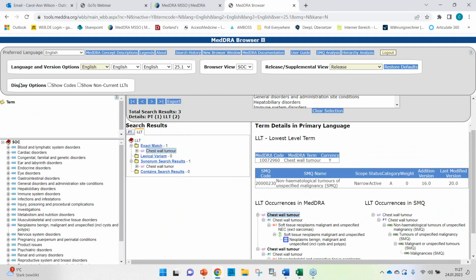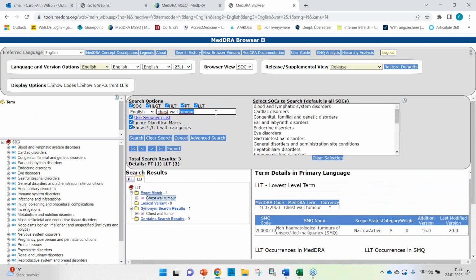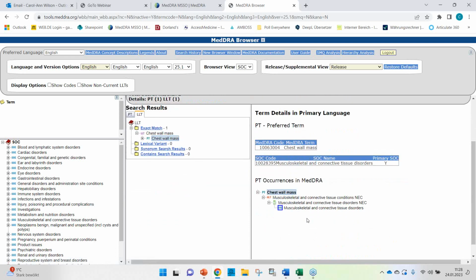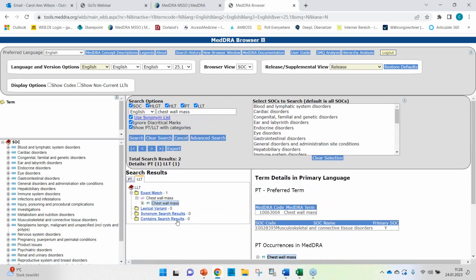So, no way to go to chest wall tumor. Chest wall mass, here we are, is grouped under the same PT, chest wall mass, and under musculoskeletal and connective tissue disorders SOC.